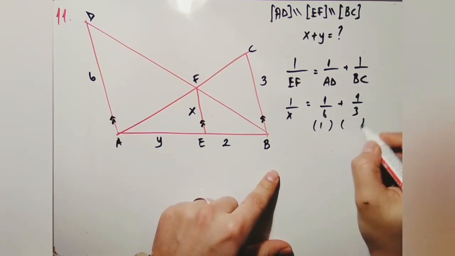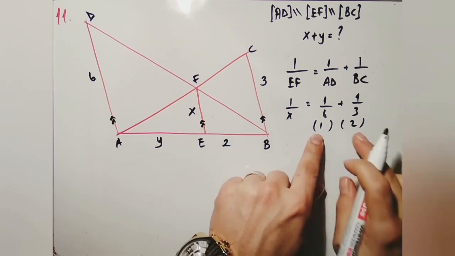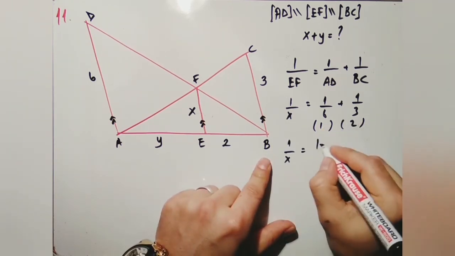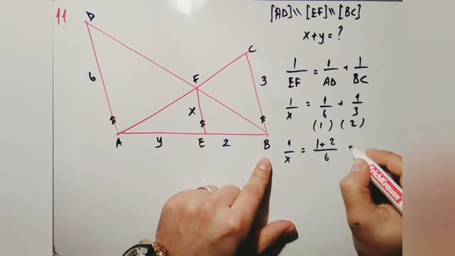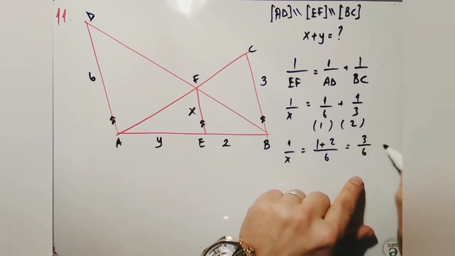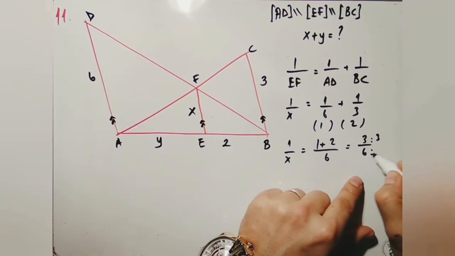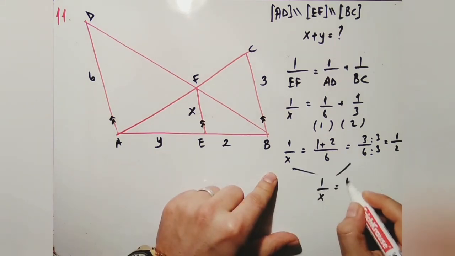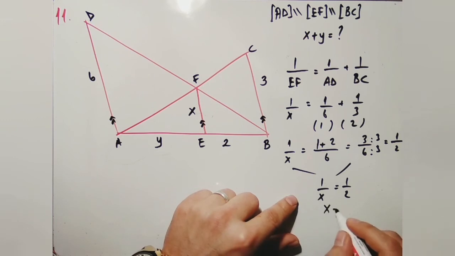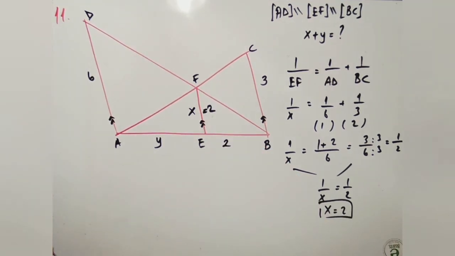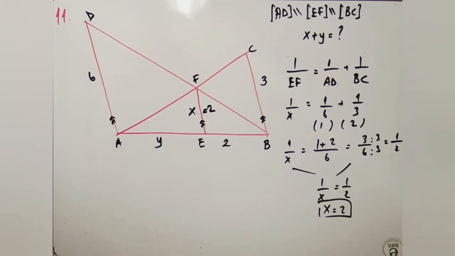When we equalize denominators, 1 over x is equal to 1 plus 2 over 6, which means 3 over 6. When we simplify by 3, we will have 1 over 2. 1 over x is equal to 1 over 2, which means x is 2. We got x. What is it? 2.